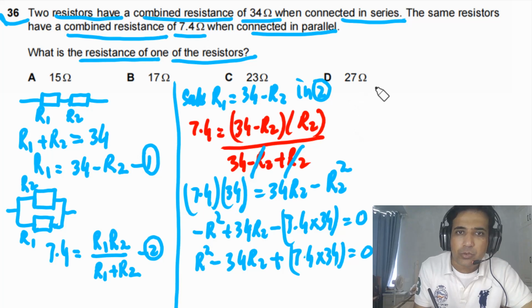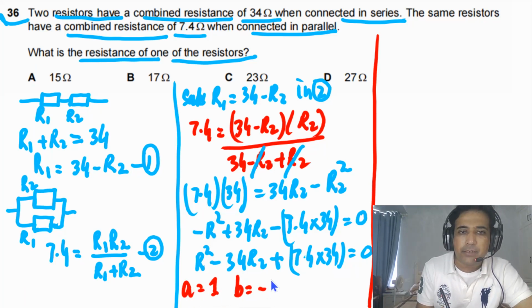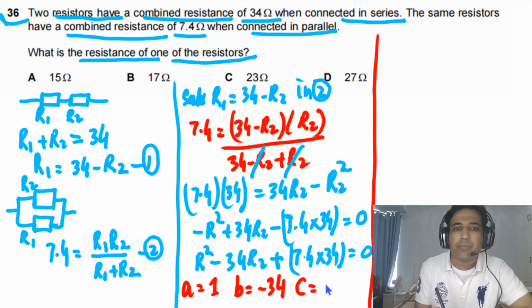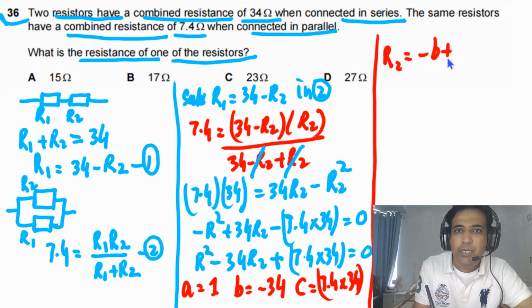We need to use the quadratic formula. Here A is equal to 1, B is equal to minus 34, and C is equal to 7.4 times 34. Now simply we can write that R2 in this case will be equal to minus B plus or minus the root of B square minus 4AC, this is just the quadratic formula, divided by 2A.